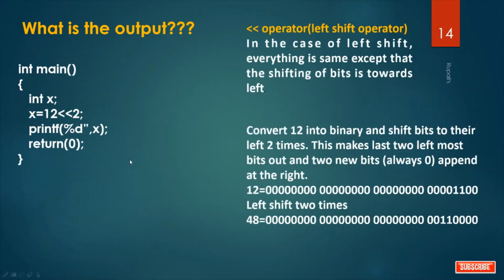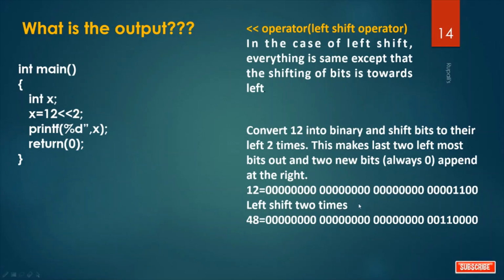See here, the left shift operator. In the case of the left shift operator, everything is the same except the shifting of bits is towards the left. So first you have to convert 12 into its binary equivalent. So this is the binary equivalent of 12. Now you have to shift the bits left by 2 times.